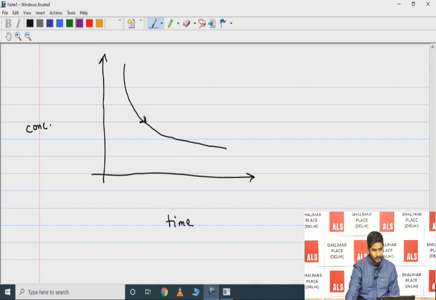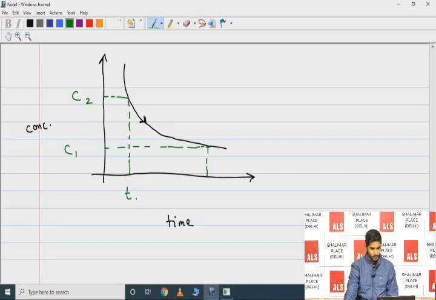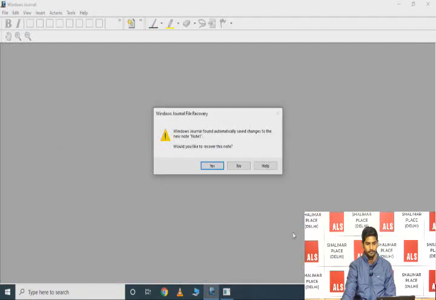I can say that I have to measure the rate here. This is C1 and this is your C2. This is your T2 and this is your T1.